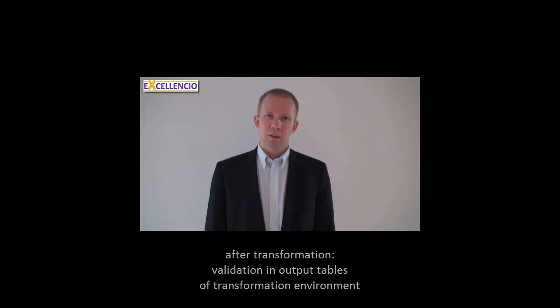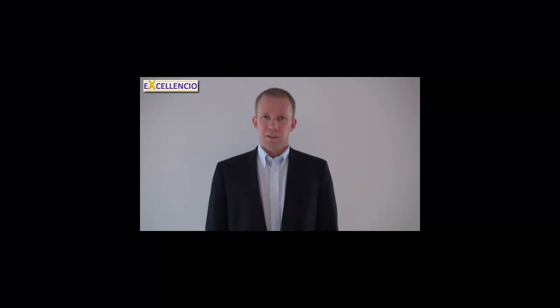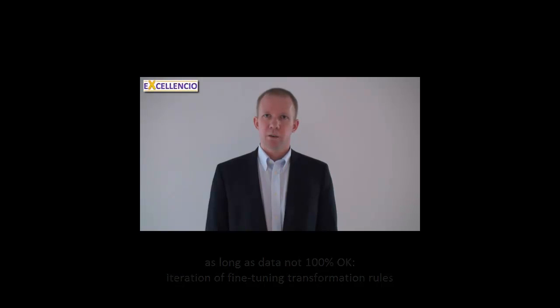After the data has been cleansed and transformed, it is ready for validation in the output tables of the transformation environment. As long as the data is not 100% okay, there is an iteration of fine-tuning the transformation rules and reapplying them.